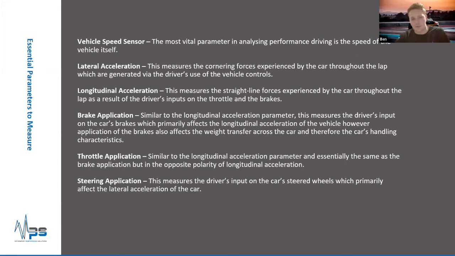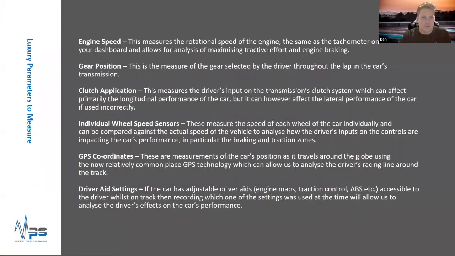Again, ideally that'd be the brake pressure, but if we have other means of measuring the brake pedal travel, in the majority of cases in terms of analysing the driver, that will be enough. The same thing goes again with the driver's throttle application and the steering application. So they are the main base inputs a driver has on the car when they're driving on track.